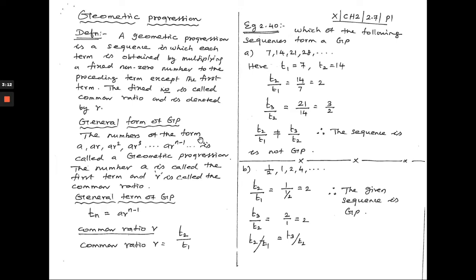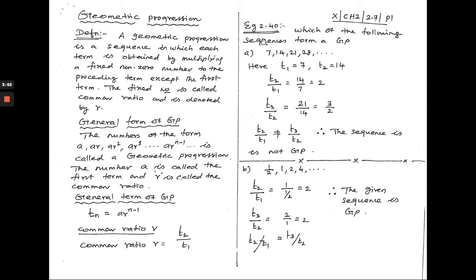In geometric progression, there are three things we have to remember: the general form of GP, how to find the common ratio, where R is the second term divided by the first term, and the nth term of GP, which is AR power n minus 1.